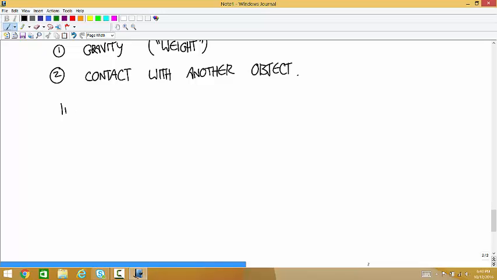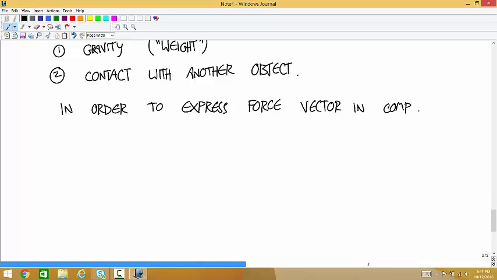Okay, so a force is a vector. And in order to express a force vector in components, first we need to define a coordinate system.